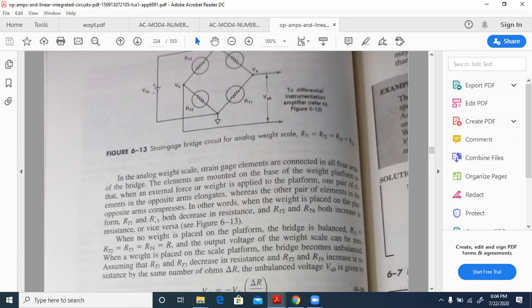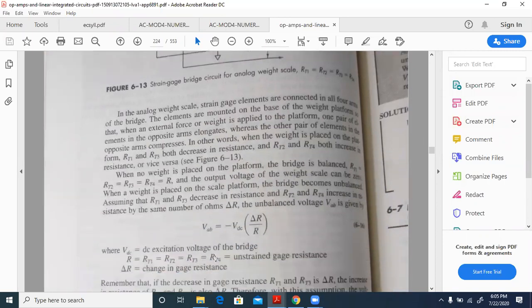If you see over here, when the weight is placed on the platform, RT1 and RT3 both decrease in resistance. This is RT1 and this is RT3. Both will decrease in resistance. Then RT2 and RT4 will increase in resistance by the same number of ohms, del R.